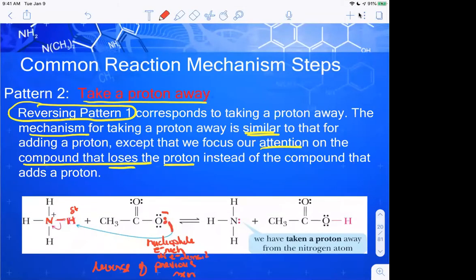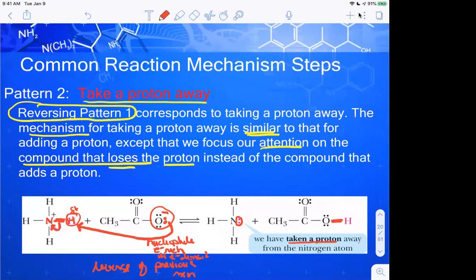So this is coming around, attacking that hydrogen. These electrons in that bond are going to go on the nitrogen. So what I see is those electrons end up as this lone pair. I've taken a proton away and I formed this bond between the hydrogen and the oxygen. So that's where I get that OH.